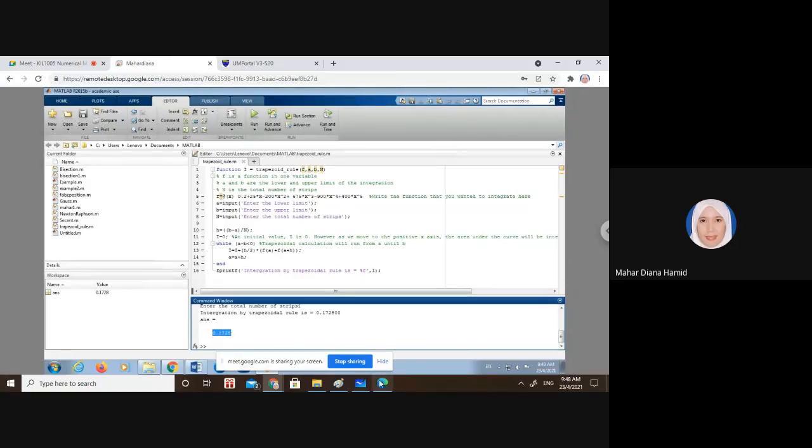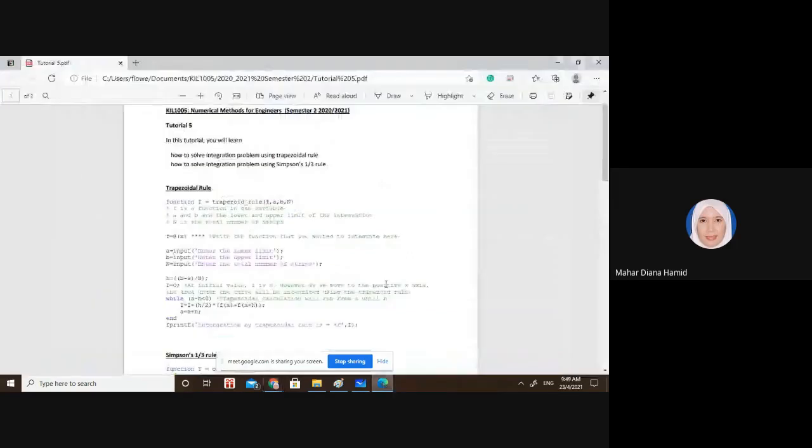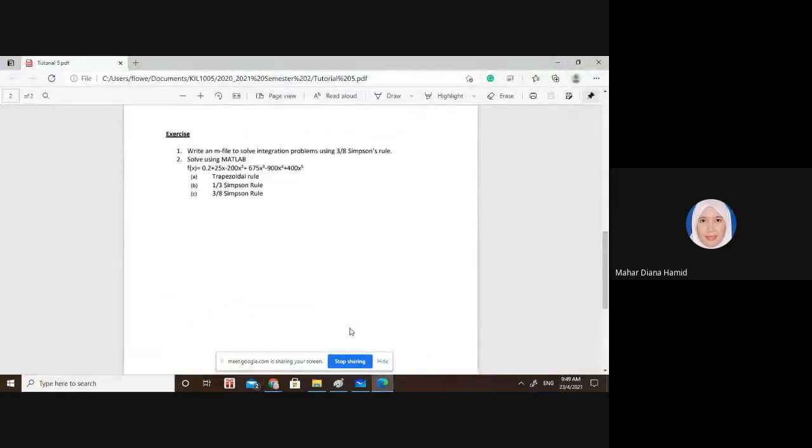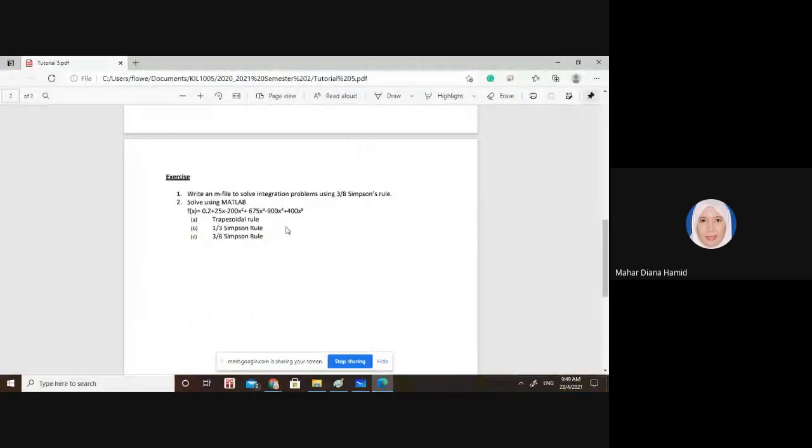So if you refer back to the exercise, can you please add on for trapezoidal, for number 2, that the value of the lower limit is 0 and the upper limit is 0.8. Sorry about that, I've forgotten to put the limits.